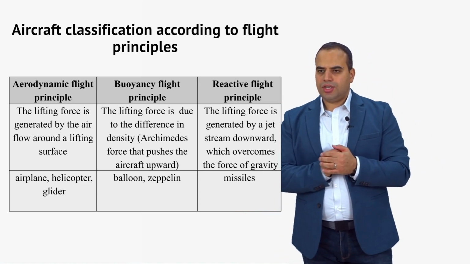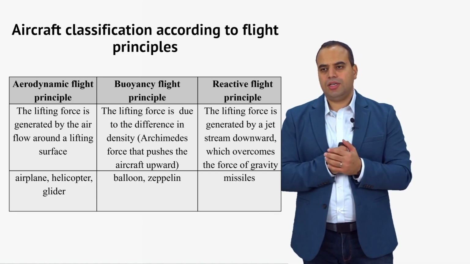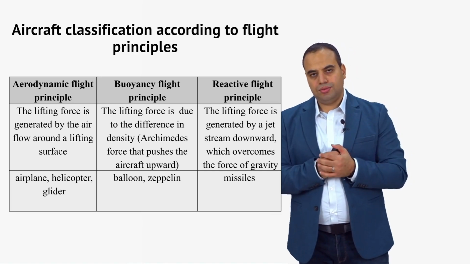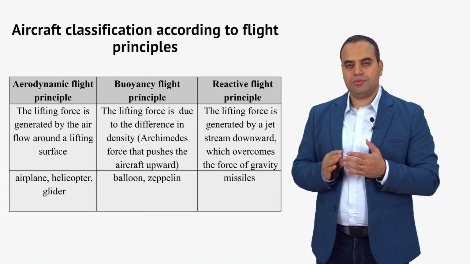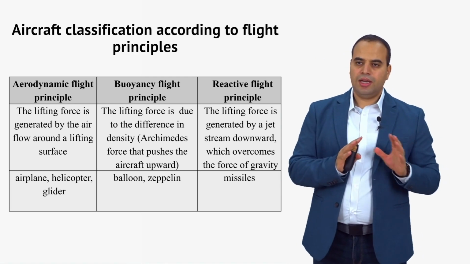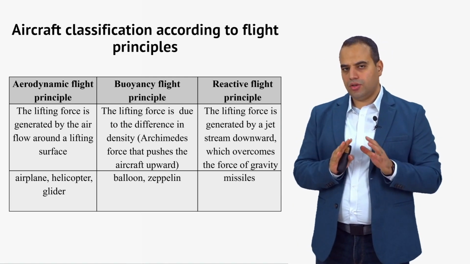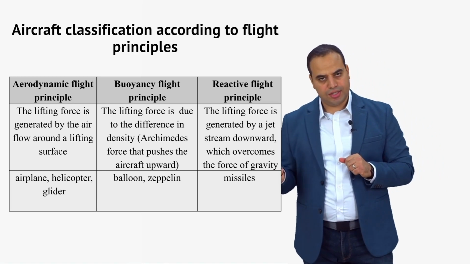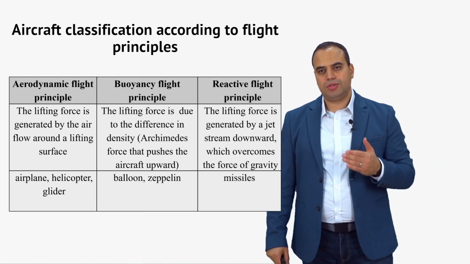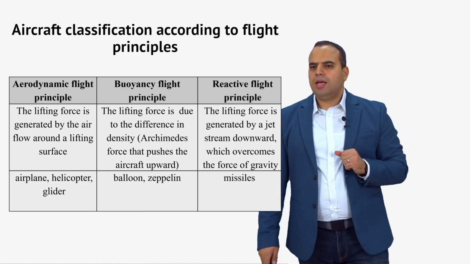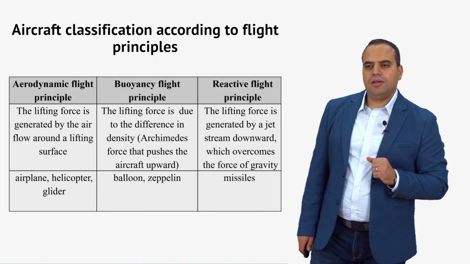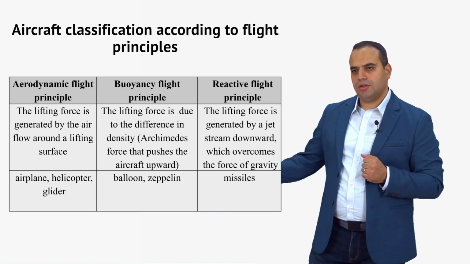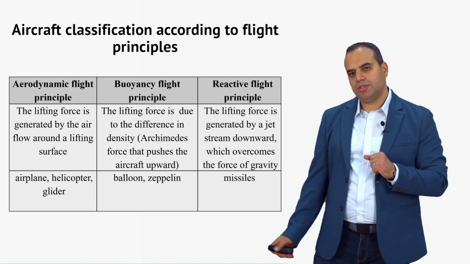Here the jet stream needs to be extremely powerful to overcome gravity by itself, without using air or any other type of gases. So only the engine itself generates enough power to overcome gravity. And here, of course, the missiles and pretty much every spacecraft is launched using this principle.